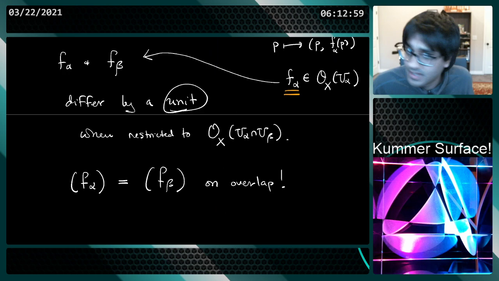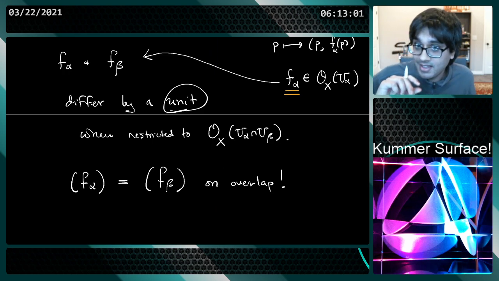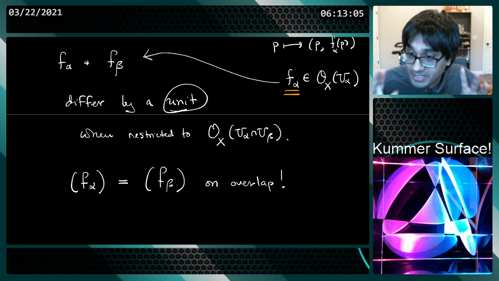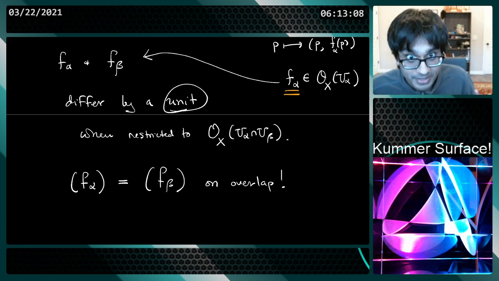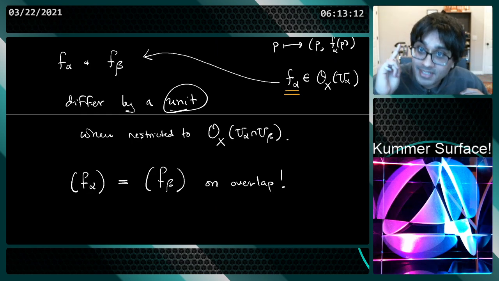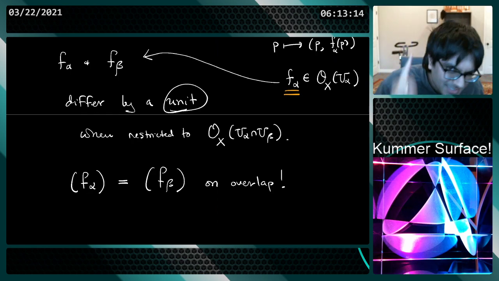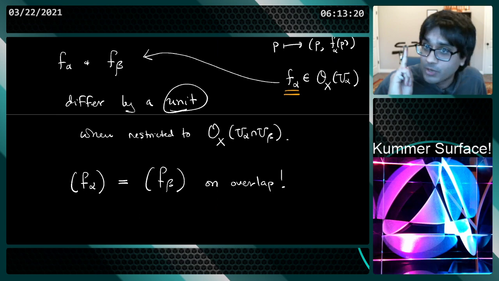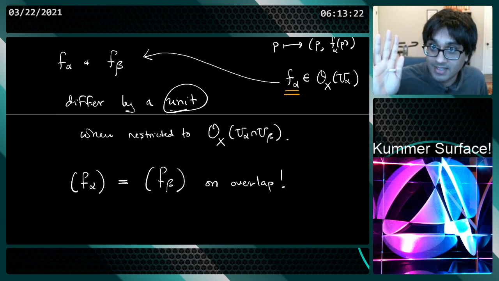Because the two elements are off by a unit, you're generating the same ideal. You're not getting the same element in the coordinate ring of the intersection, but you're getting the same ideal. And this is the classic closed subscheme sheaf of ideals that you're witnessing, rather than a single ideal, globally defined. Okay?